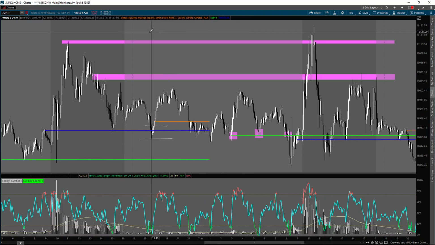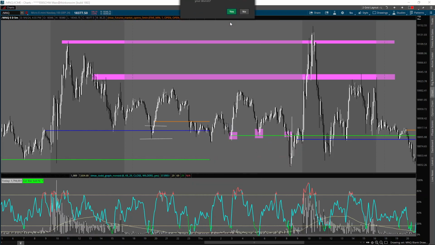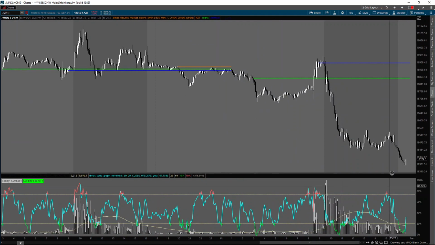So again, going back to the chart, what you're looking for is obvious signs of supply, so overhead levels, and demand. Let's remove those. So for example, today, as I said before, this is one way that I identify supply and demand levels.